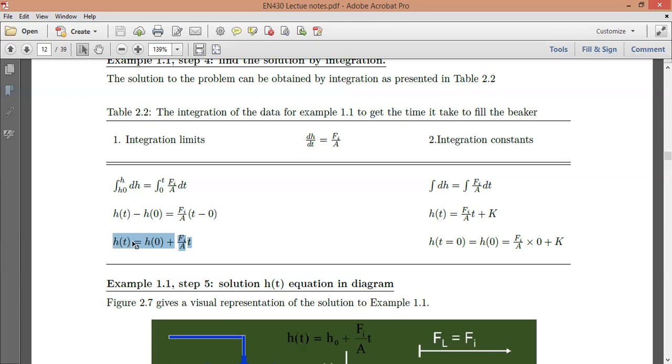Height as a function of time is equal to initial height, H0, plus the volumetric flow rate at the inlet divided by the cross-sectional area or surface area of the beaker, multiplied by the time it took to fill that beaker. So this is what you carry for a single component system. This is your working equation that you use.